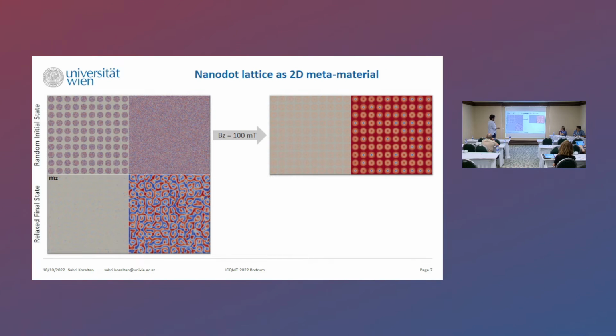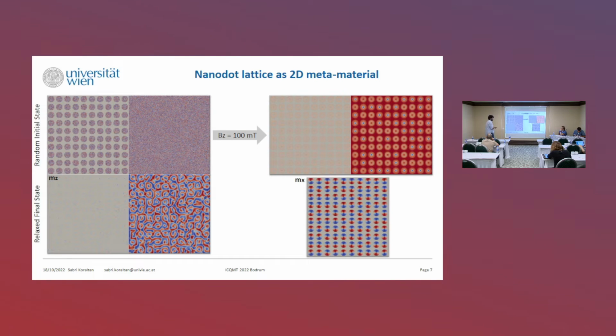But because we started from a random state and we did not really manipulate the permalloy layer on top, what we see is that whenever the polarization of the magnetic vortex core is not aligned with the magnetic field, we have a skyrmion underneath. And whenever the polarization is parallel to the applied magnetic field, then we do not have a skyrmion.